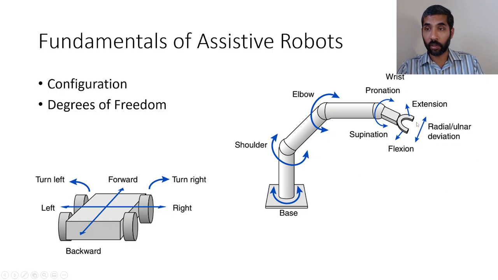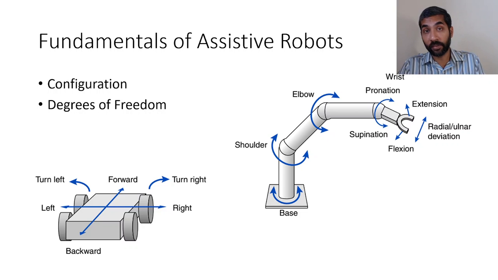This robot, on the other hand, has many more degrees of freedom, right? It can rotate around this joint, it can rotate around this joint, it can rotate around this joint here, and then this can move, let's say, open and close, and so on and so forth. So you need to know, when you're looking at assistive robots, how many degrees of freedom we have.